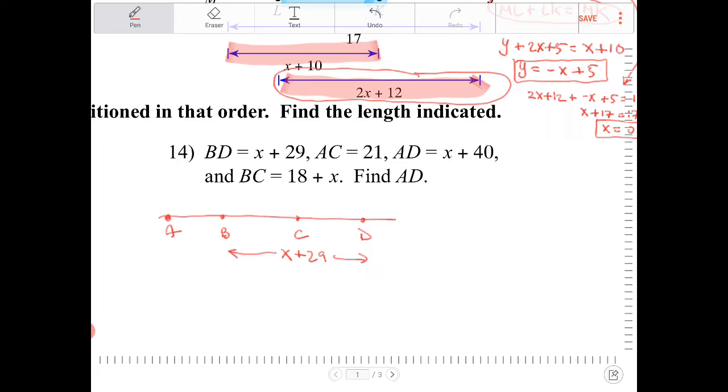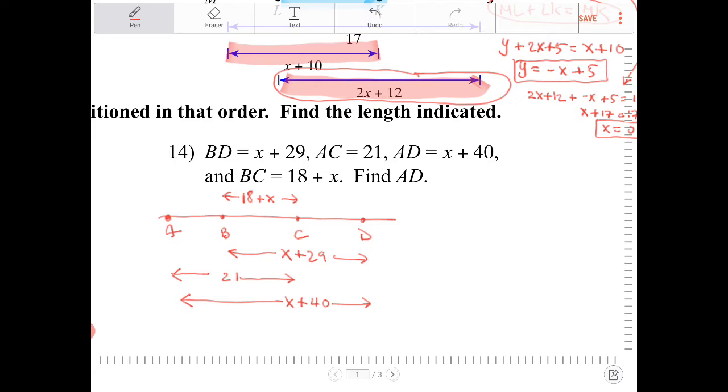AC is equal to 21. AD is equal to x plus 40. And BC is equal to 18 plus x. Find AD. I need to find the full length of AD.